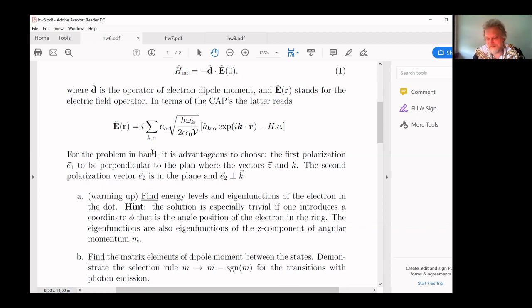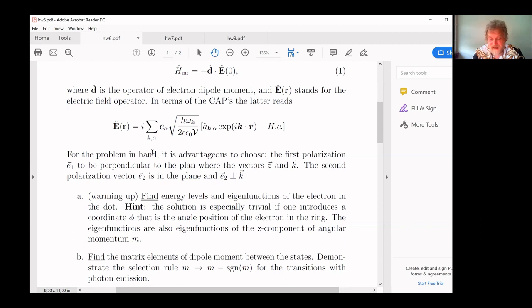Right, in this case, if there is a dipole moment in that direction, then there is no matrix element. The vector is just perpendicular. Okay, and the second polarization vector is perpendicular to K. Yeah, it has to be.